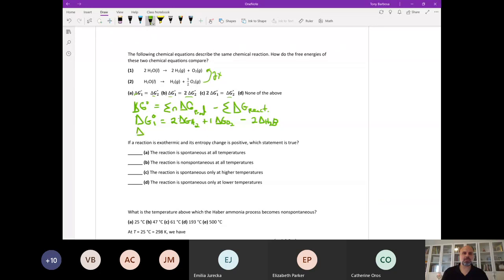And then for the second one, delta G2 is equal to 1 times the delta G of H2 plus half delta G of O2 minus 1 times the delta G of H2O.